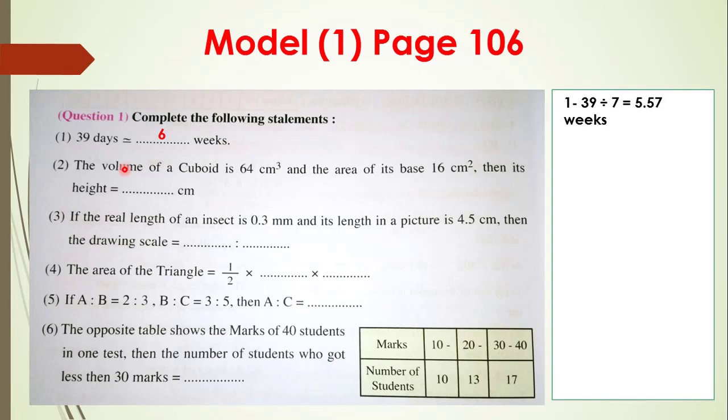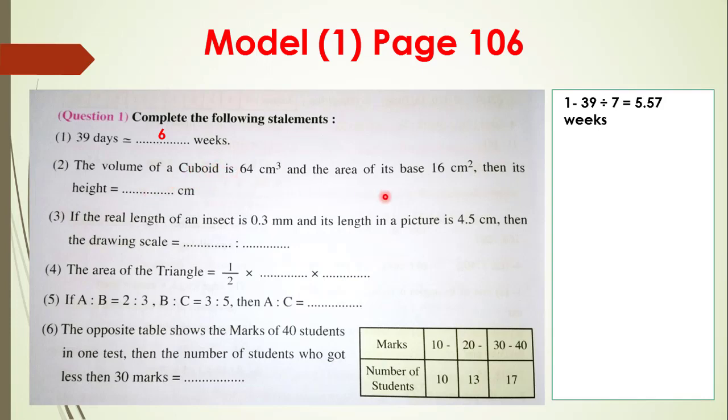So 39 days is approximately equal to 6 weeks. Okay, let's move to number 2. The volume of a cuboid is 64 cubic centimeters and the area of its base is 16 square centimeters. Then its height equals volume over base area.